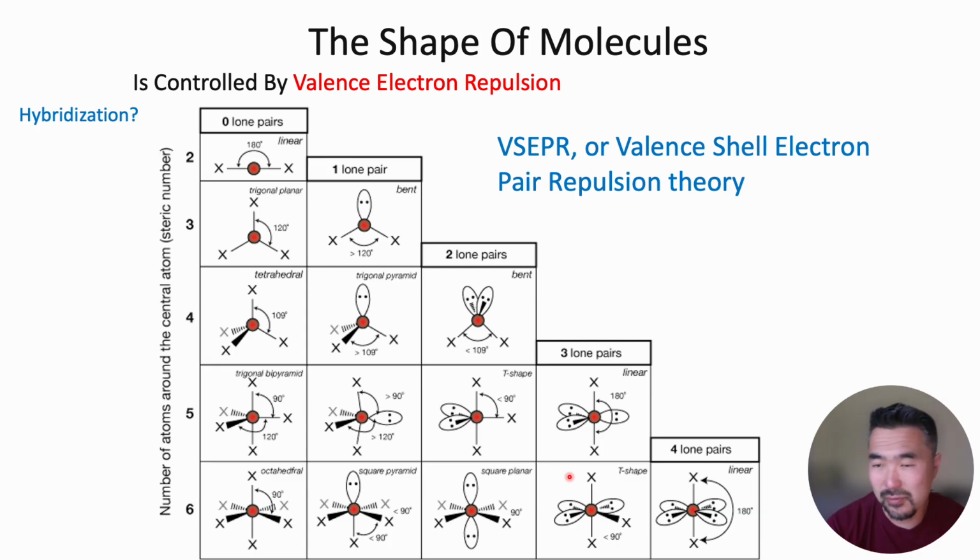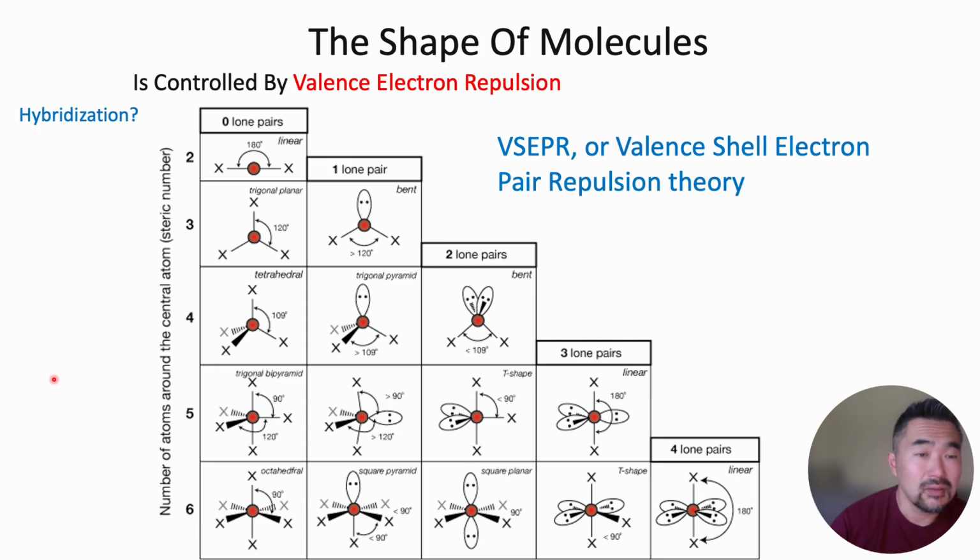One good thing to review, which is going to constantly come up in organic chemistry, is this: when you look at a structure, can you figure out the hybridization of that atom?